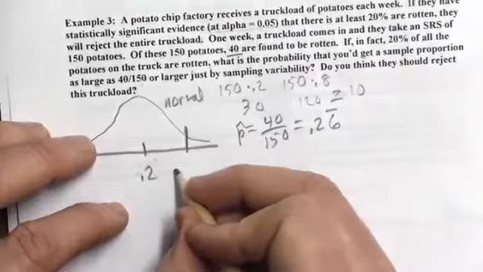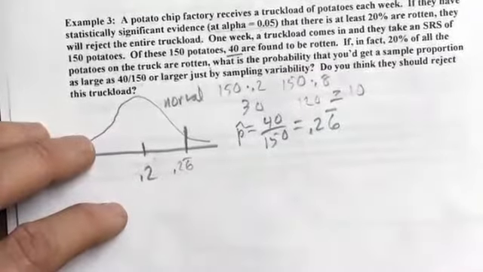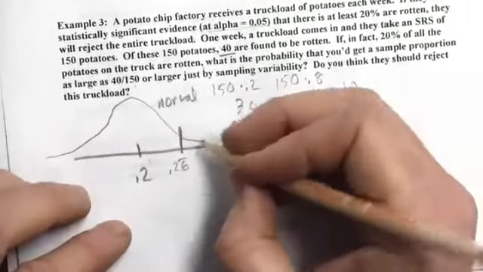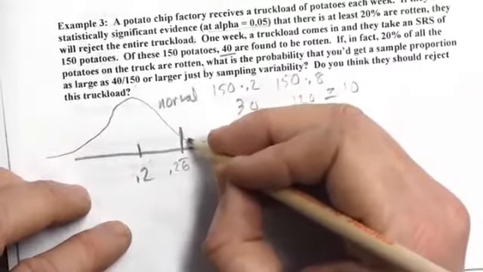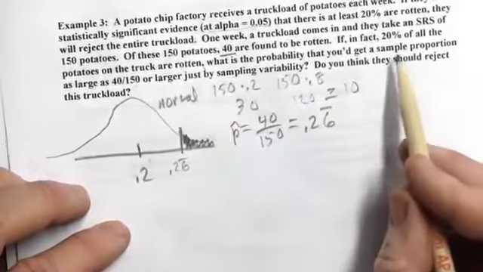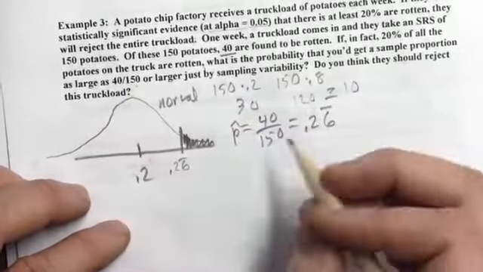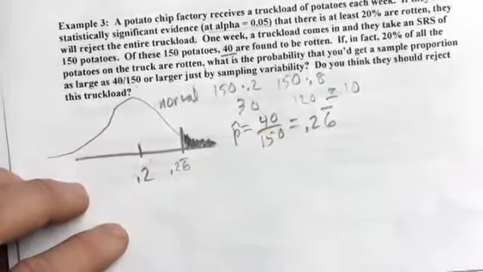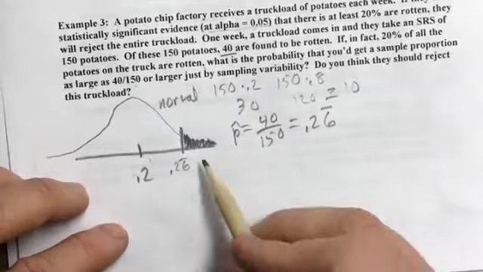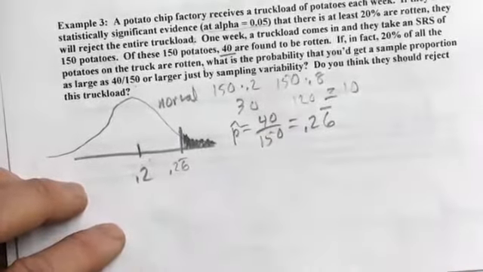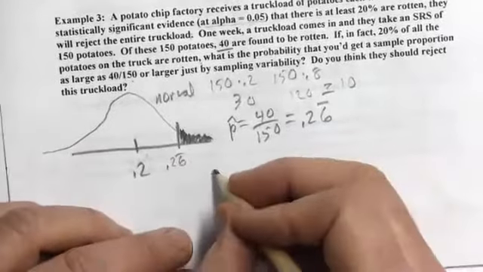Assuming this is the true sampling distribution, what's the probability that we would get a value here or larger? That is, a sample proportion as large as that or larger just by sampling variability. If this is below 0.05, it would cause us, in essence, to reject the whole truckload. So we shall use normal CDF.